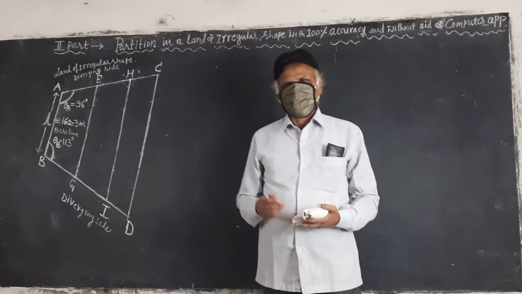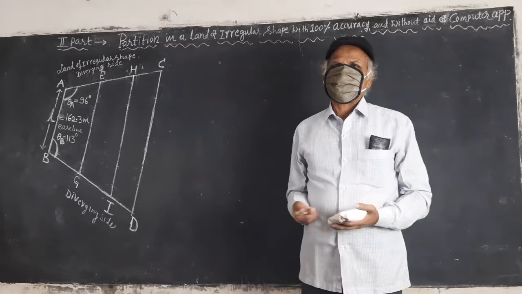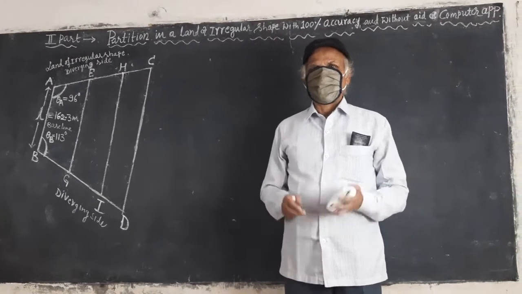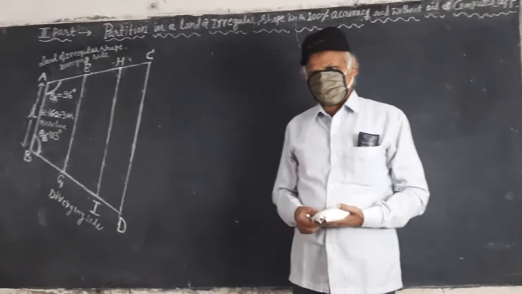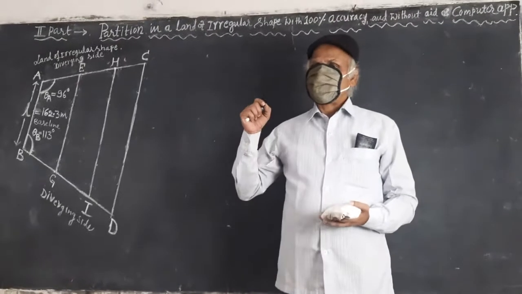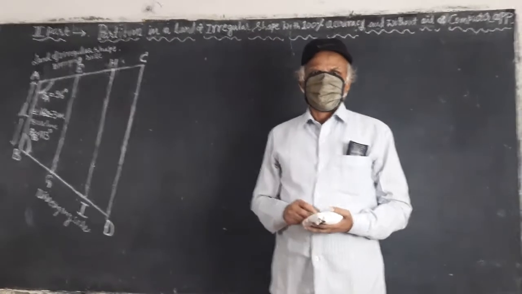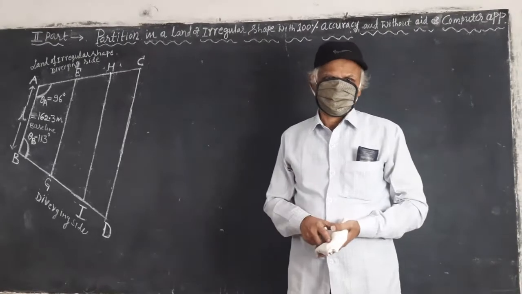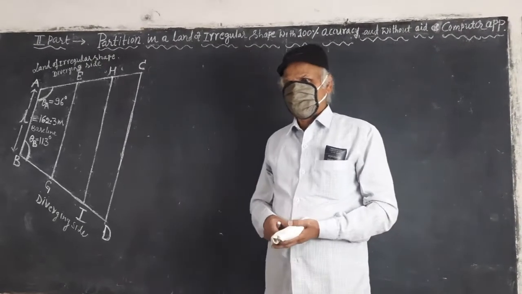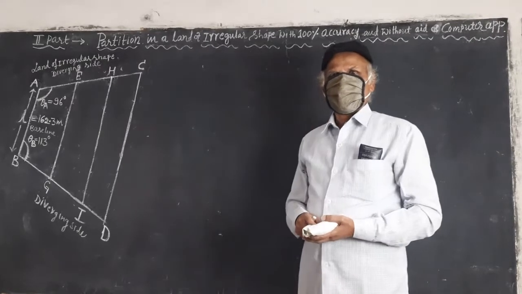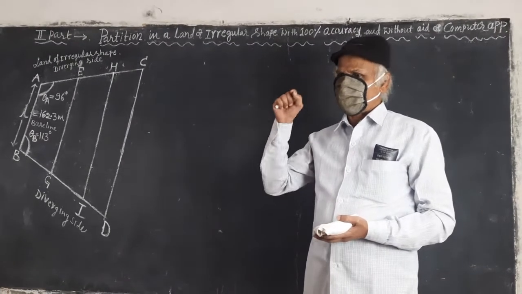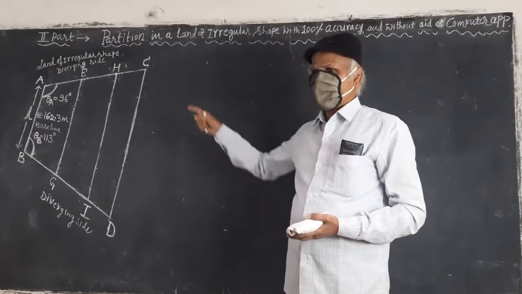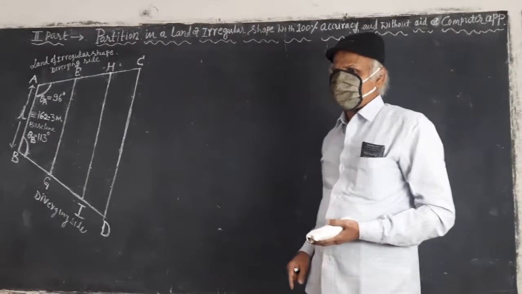Generally, to smaller or greater extents, most of the lands are of irregular shape. One of the common types of irregular shape is quadrilateral. Suppose you are given a land of shape of quadrilateral ACDB as shown in the blackboard.